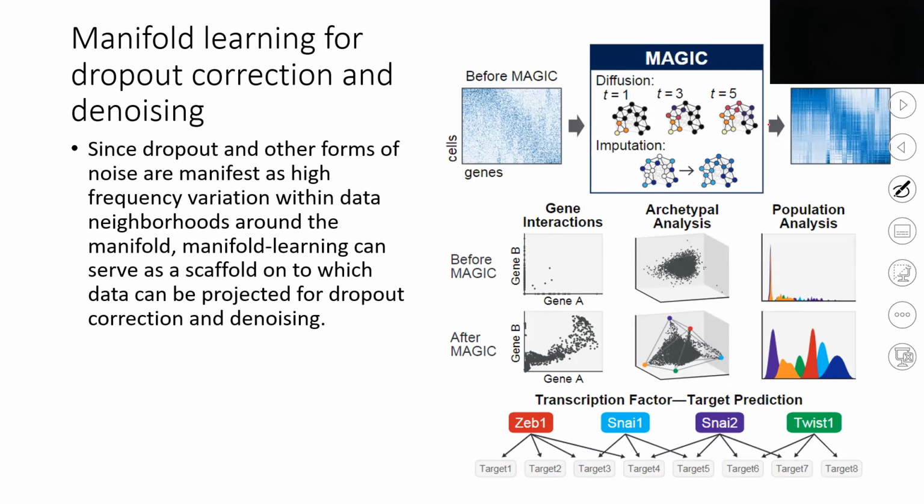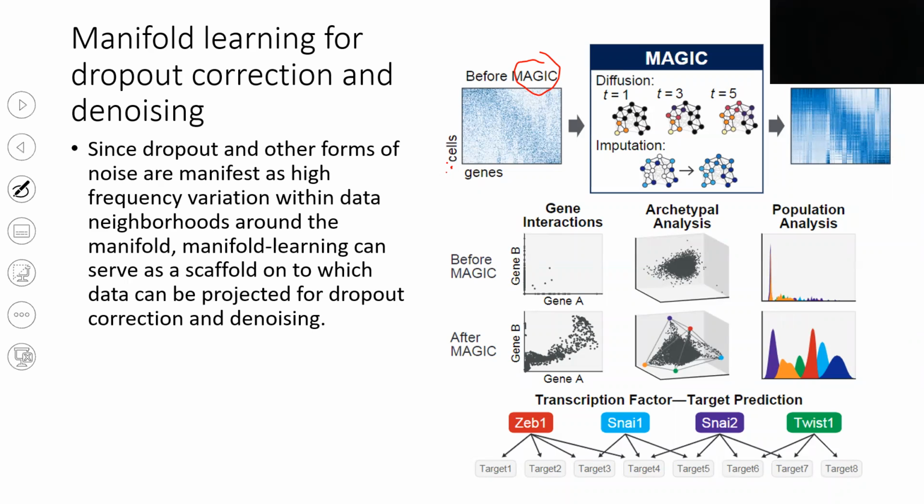Okay, so this is the application of manifold learning in a package called MAGIC. MAGIC does imputation. In this case, we try to learn the relationship between cells, and then after this diffusion process, imputing will help you fill in all the empty spots in this matrix. Empty spots are the dropouts.